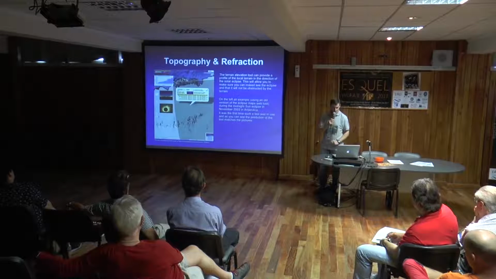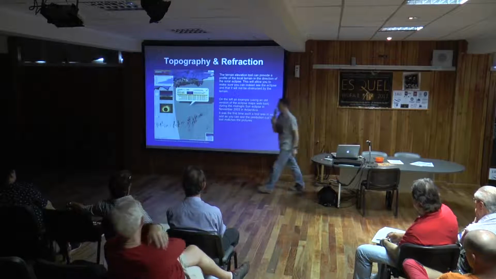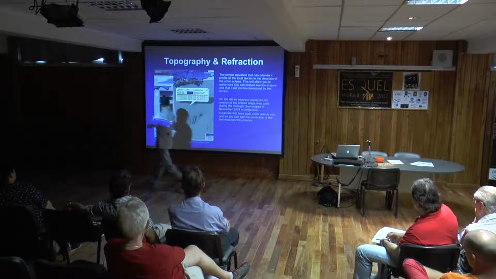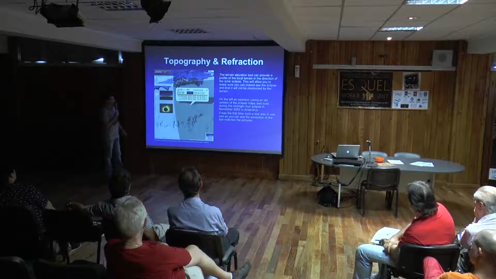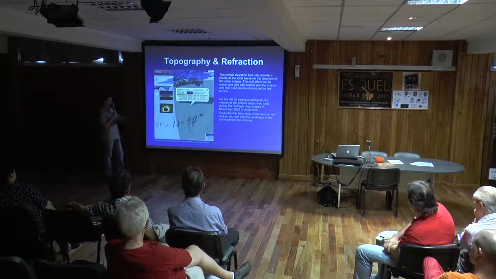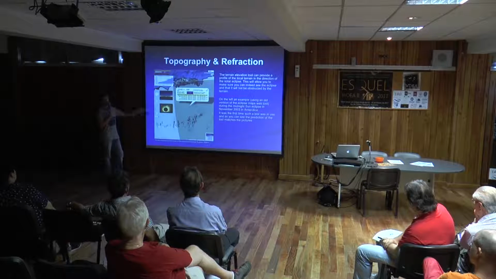So now I'm going to show you two examples of why it is important to know exactly what the terrain around you is. This was in Antarctica, so I went there in 2003. There was a total eclipse.